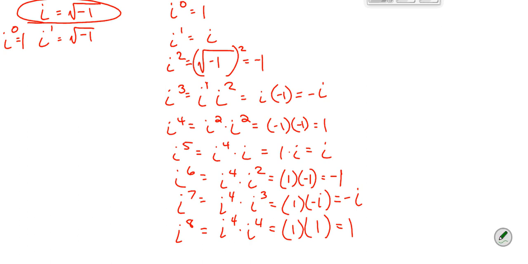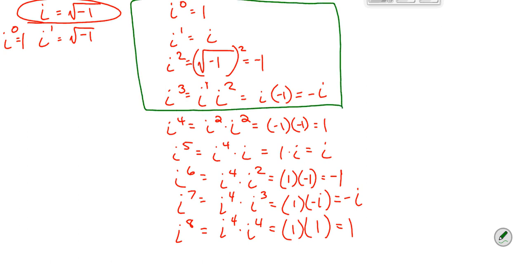And not only that, but it's repeating every time after 4 answers, then it just repeats itself. So what you want to think of is the multiples of 4, and then we can just see what that remainder is as we go.